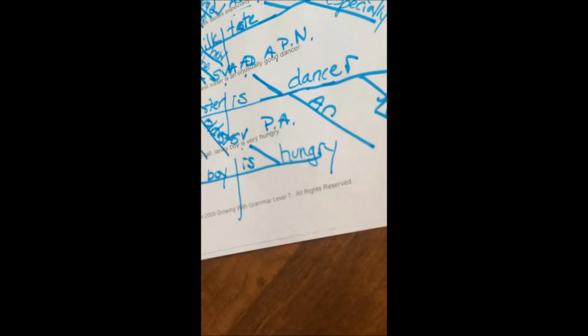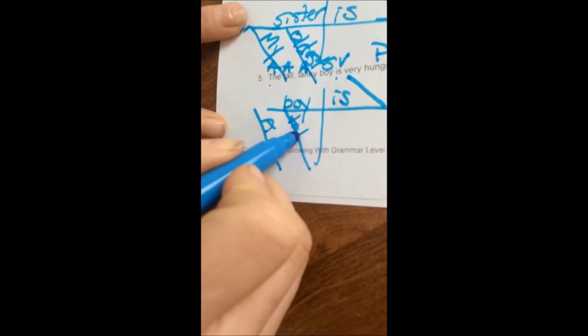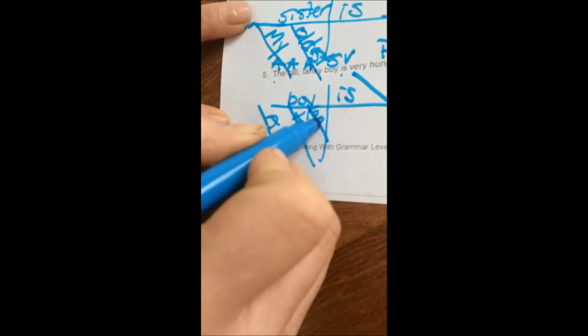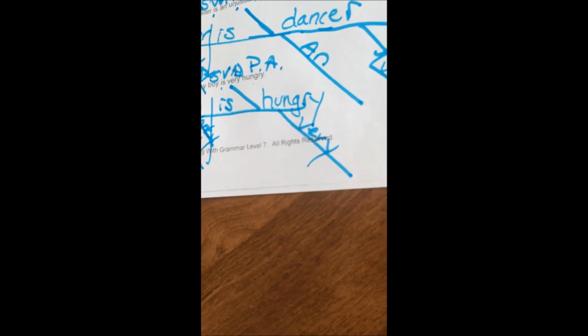Okay, what's describing the boy? What's modifying? A, tall, and lanky. 3 words. A, tall, and lanky. Okay, what is describing hungry? Adverb of degree. Very hungry. And that is working with adverbs of degree.